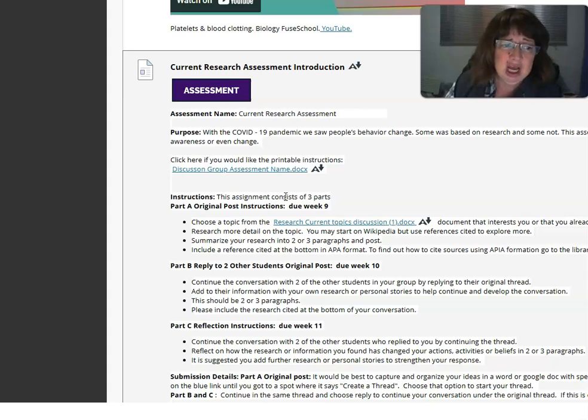So what you're to look at here is to find a piece of research on a topic. Now, if you look here, there's current topics of discussion that you can choose, or you can choose one of your own. Create a topic, and then you will find some research on it. Now, when you're researching, just doing a straight Google may not get you there.